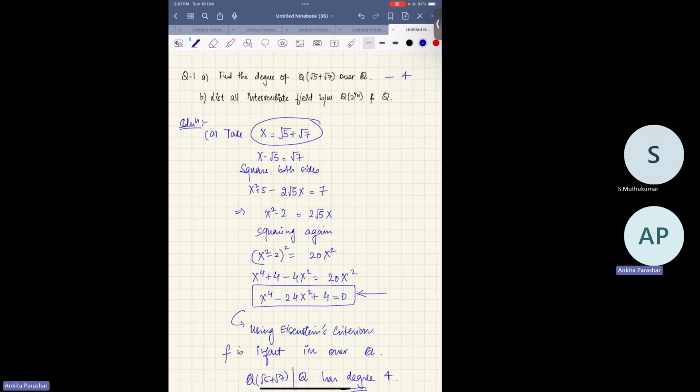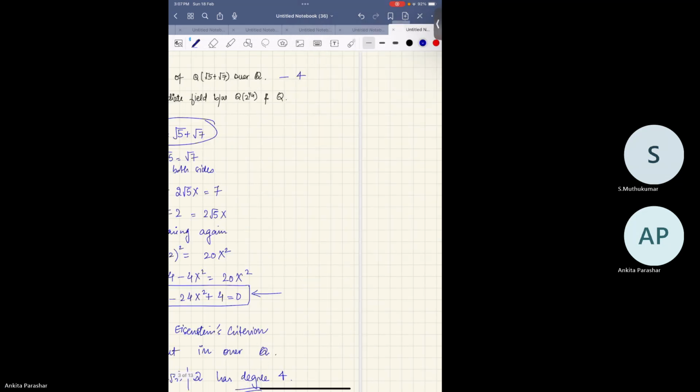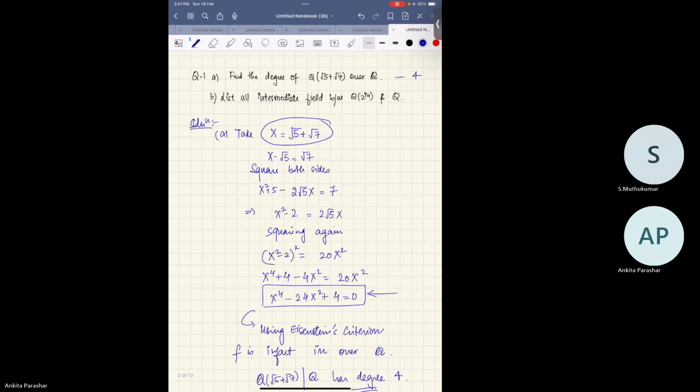However, I find that there is one more simple way to see this. So let's discuss that. Before that, if you have any idea, I will also try to do that. How to see this? To find the intermediate fields, we apply the fundamental theorem of Galois theory, right?